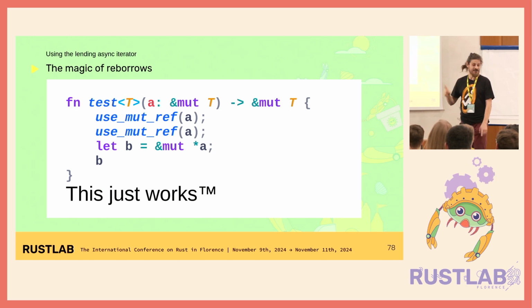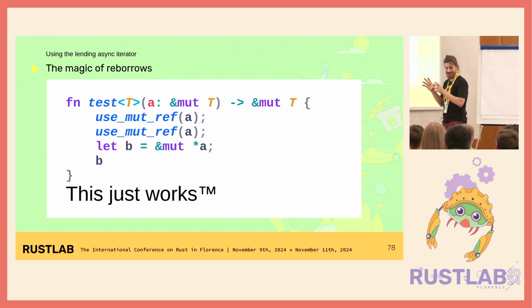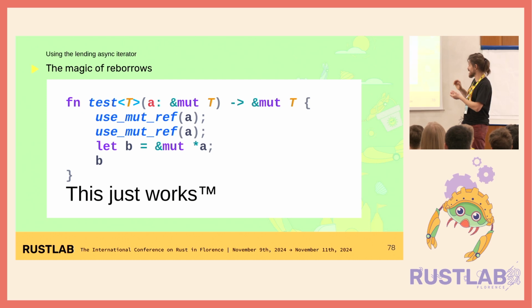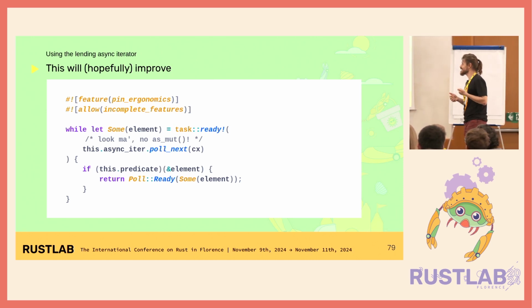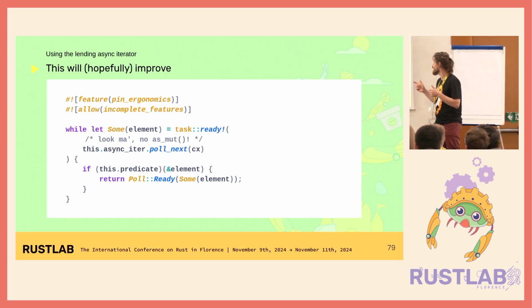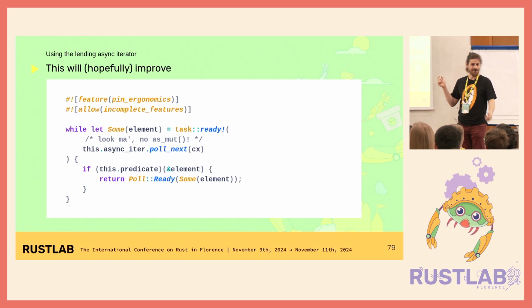A mutable reference to something has special treatment. We have lifetime ergonomics in this case. But Pin is not special. We don't have that for Pin unless we have this thing stabilized. The Pin ergonomics is an incomplete feature.